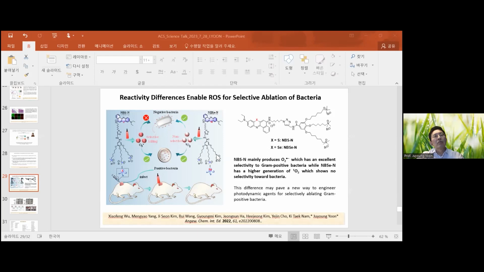Right now we are using some BSA-related photosensitizers, protein photosensitizers, and also a compound synthesized from our group, already investigated by a company. So hopefully we can see some progress within a few years for this purpose.